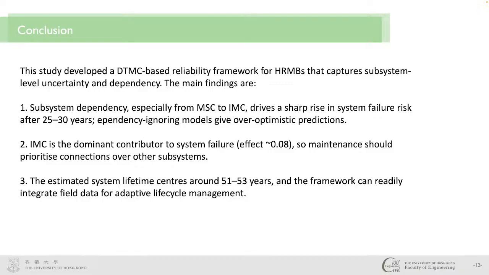Ignoring this dependency gives an over-optimistic prediction. Second, IMC is the dominant contributor to system failure, with an effect size around 0.08. So maintenance should prioritize the connection over the other subsystems.